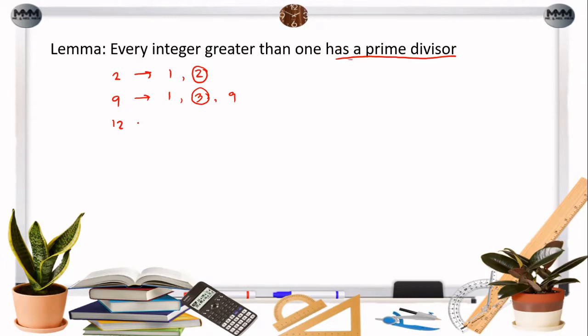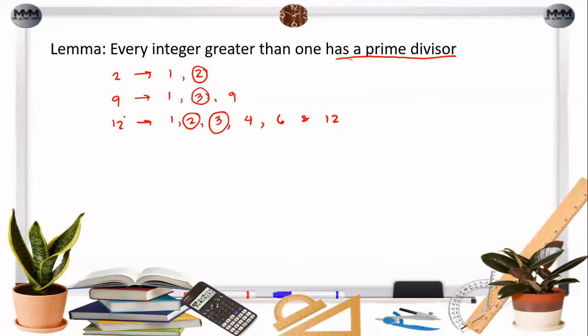For 12, the factors of 12 are 1, 2, 3, 4, 6, and 12, right? So here, there are actually two prime divisors of 12. We have here 2 and 3. So as you noticed, number 12 has 2 prime divisors.